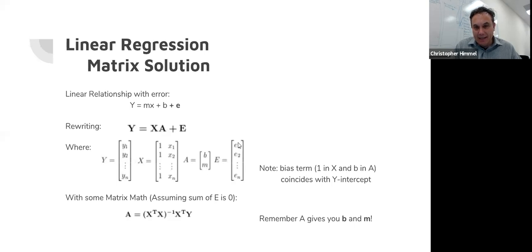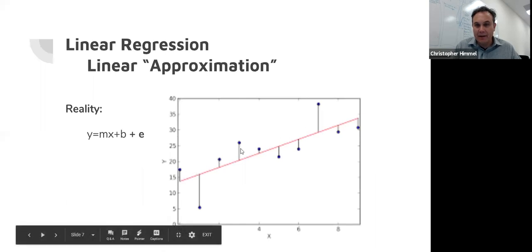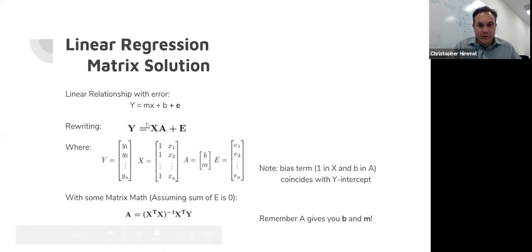And e is all of the errors, e1 through en, each one of these little distances here. So you can see from matrix multiplication, from basic linear algebra, that we just rewrote that.